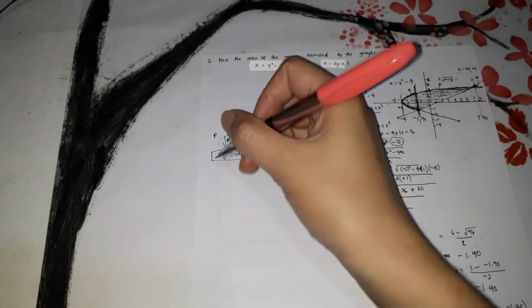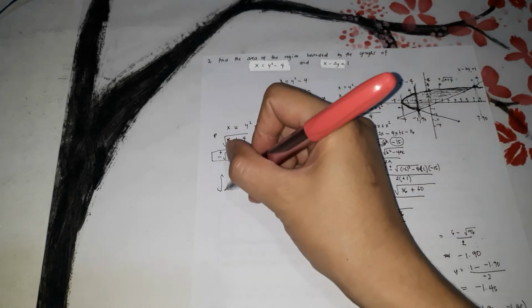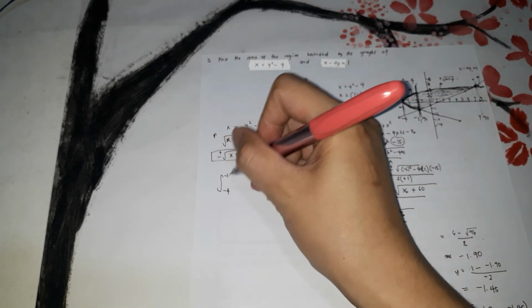So, first region. It's from negative 4 to negative 1.90.